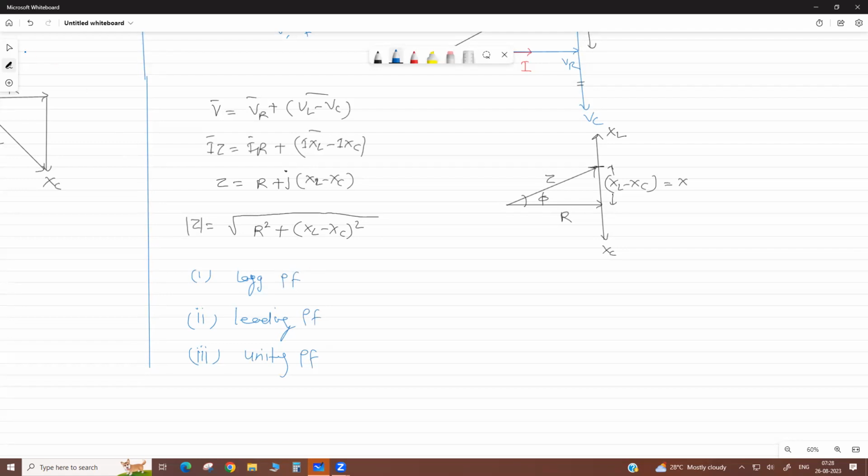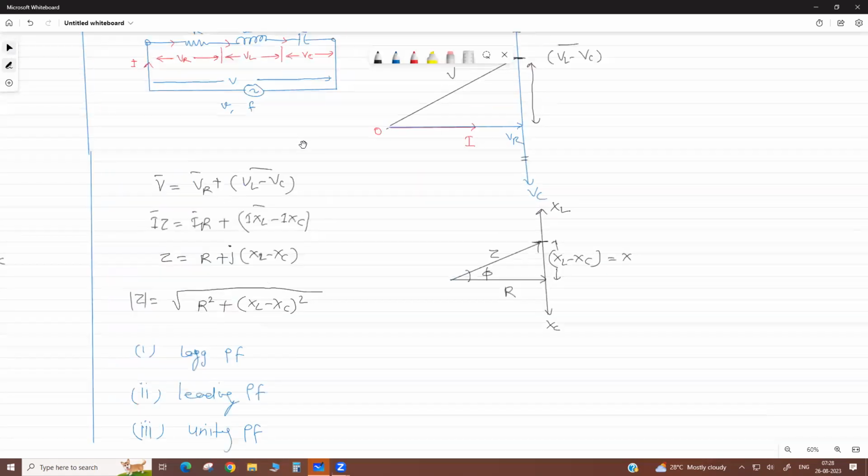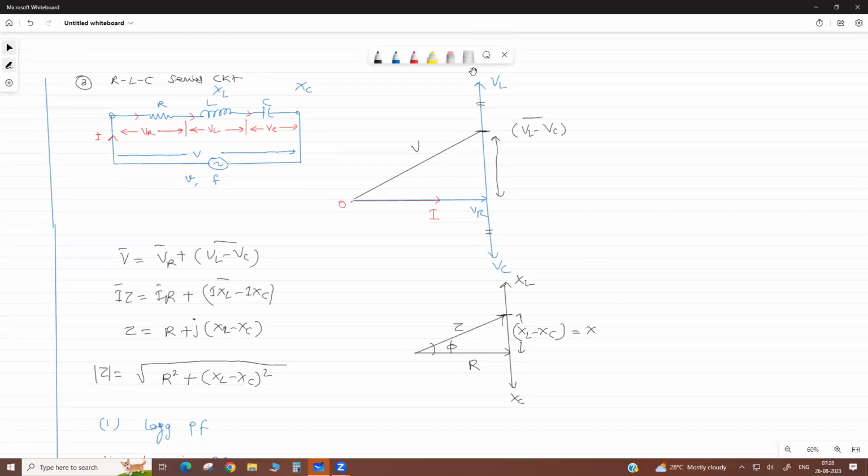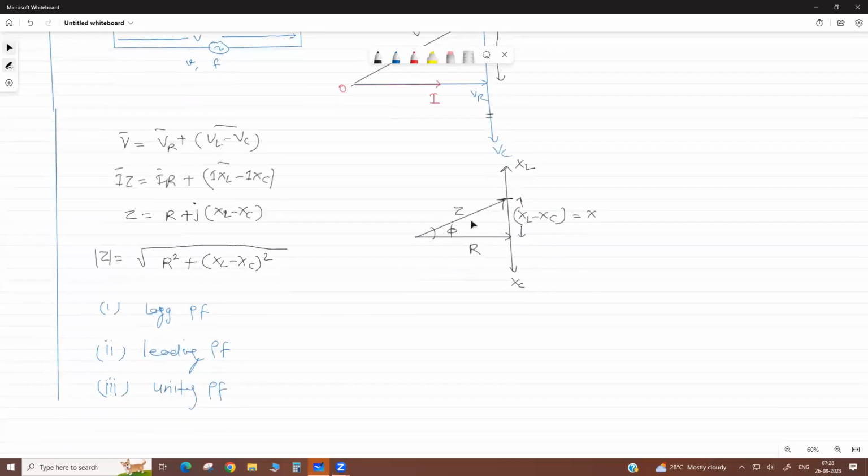Okay, how is it? Suppose in this condition, when the inductive reactance is high, meaning the XL value is high, then it is lagging because the net reactance is positive, correct? This is the positive side, because in the coordinates this is zero, so this is negative, this is positive side.